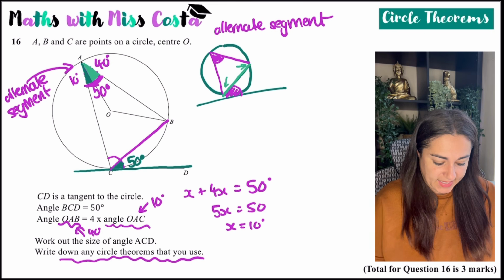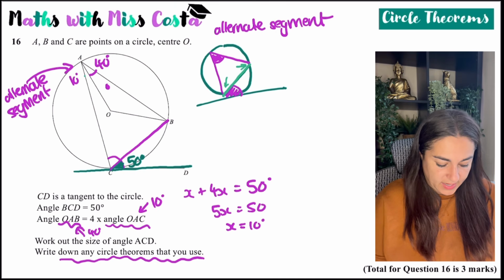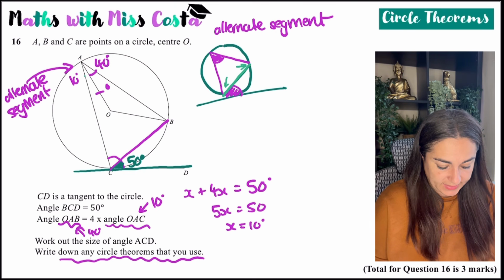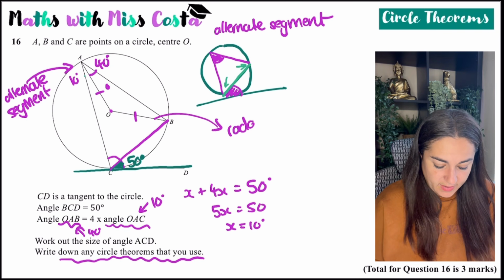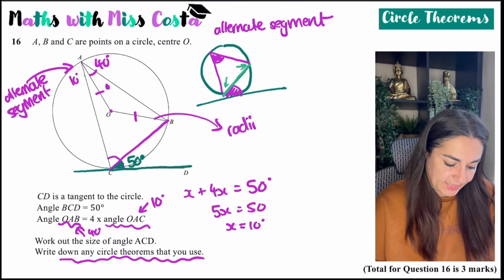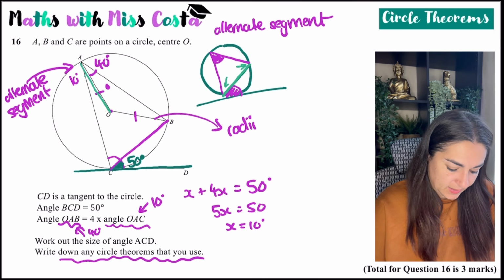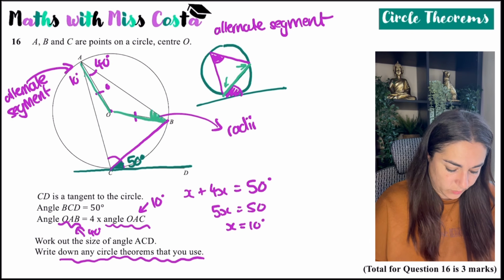Now the next thing is that this here, if this is the centre of the circle, then OA and OB must both be radii. And radii is just the plural of radius, so they are 2 radii, which means that this is an isosceles triangle, and the base angles of an isosceles triangle are equal.